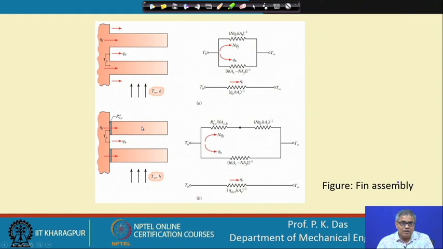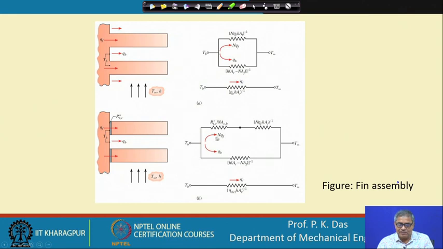But another thing I have also told you is that this is an integral fin, from the same material, with the fin and the base surface made together. That means I have to take away this much of costly material, and sometimes we cannot permit this. So, we have to attach the fin separately. If I separately attach the fin, obviously there will be some thermal resistance, because I am attaching one material with another material.